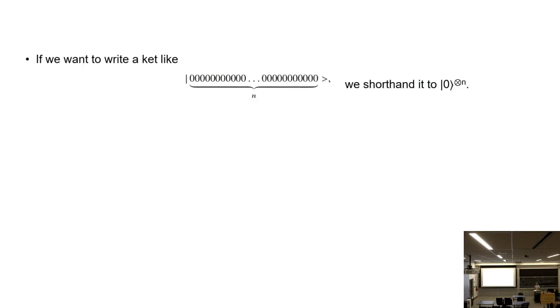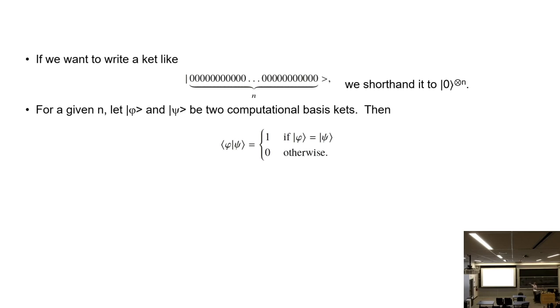And if we want to write a ket like this one, we can shorthand it as 0 tensor product n. And if for a given n, we let phi and psi be 2 computational basis kets, then the inner product of those 2 kets is 1 if they're identical, and it's 0 otherwise.